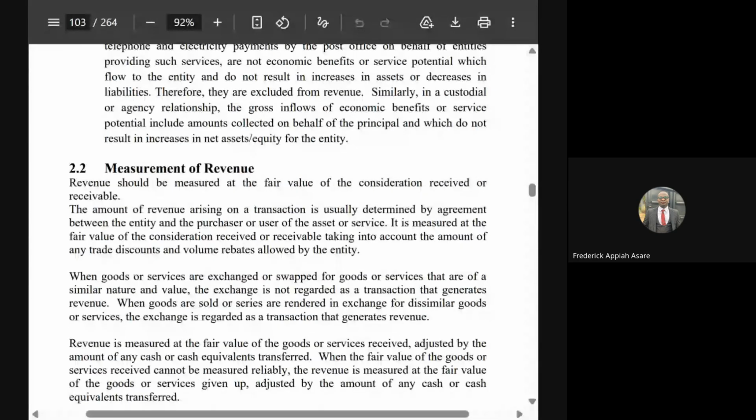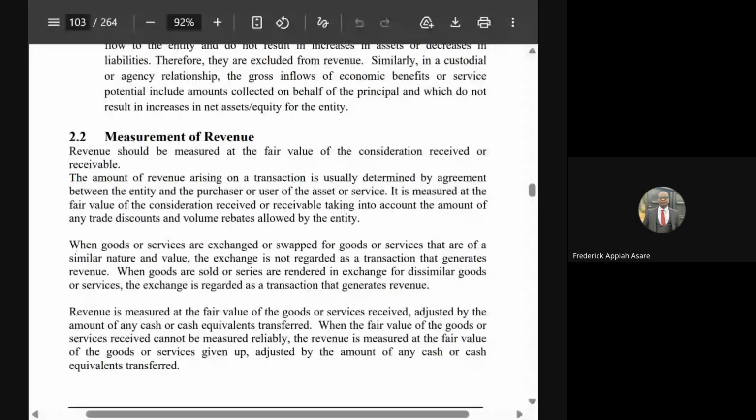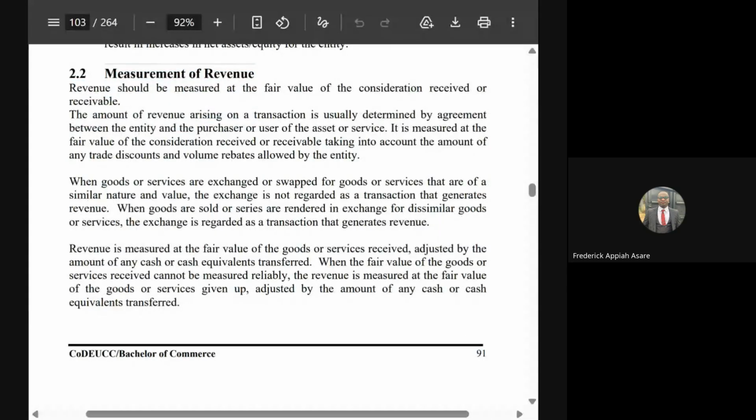Now, measurement of revenue. You have to know that according to the IPSAS 9, if you want to attribute value to a revenue, the revenue should be measured at fair value of the consideration received or receivable.